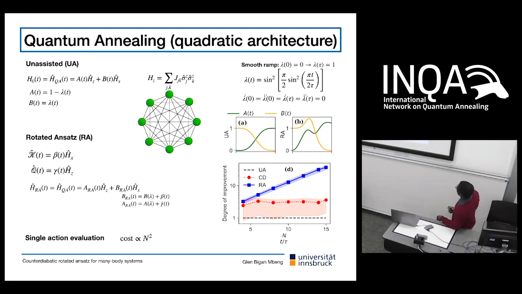So in the local driving, we find, again, as we found before, no news. There was no scaling improvement, but the RA driving actually also provides a scaling improvement with the system size. So there is an improvement in the way the fidelity scales with the system size.